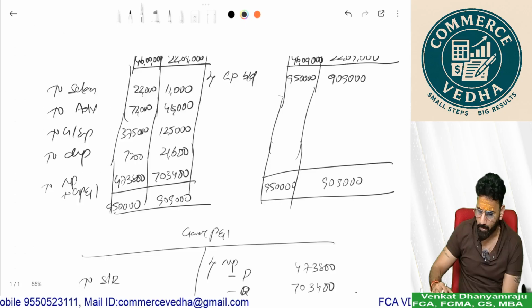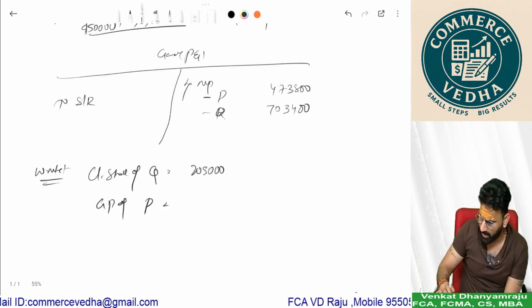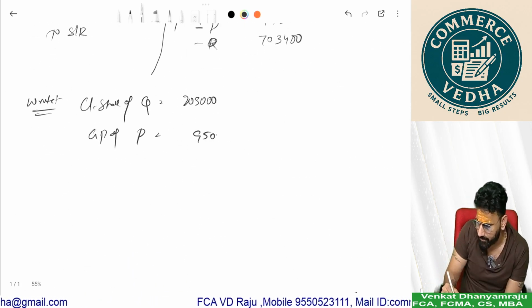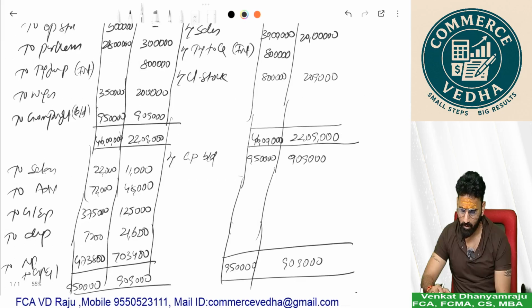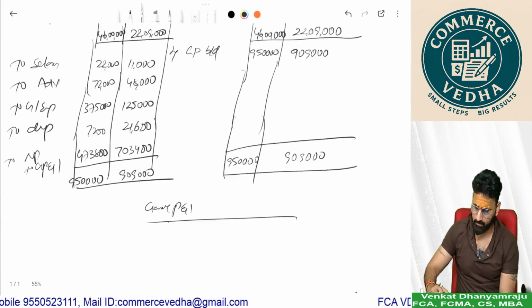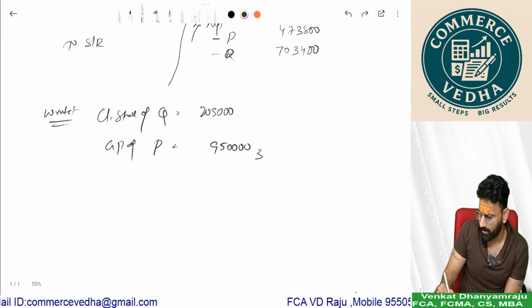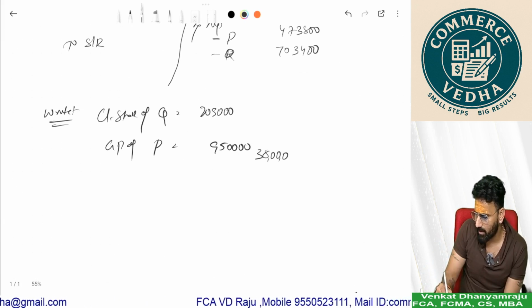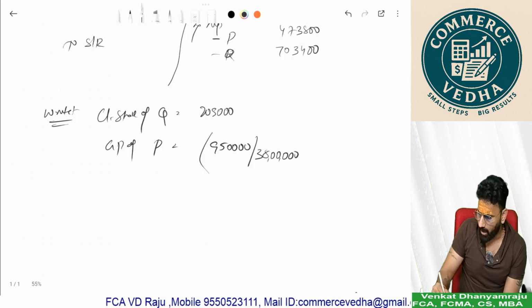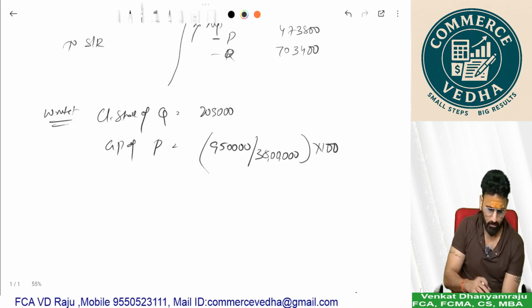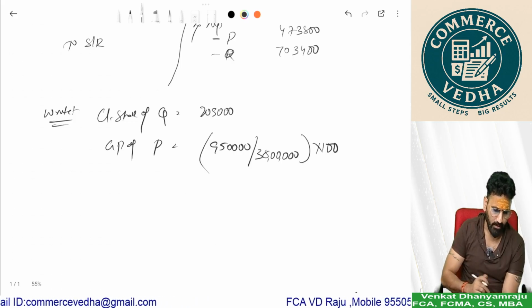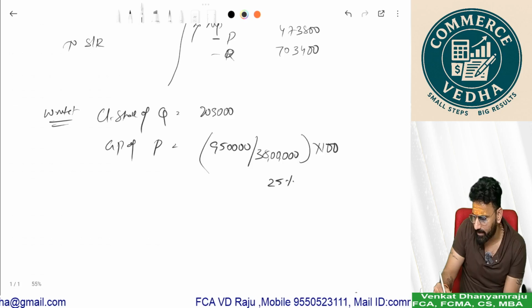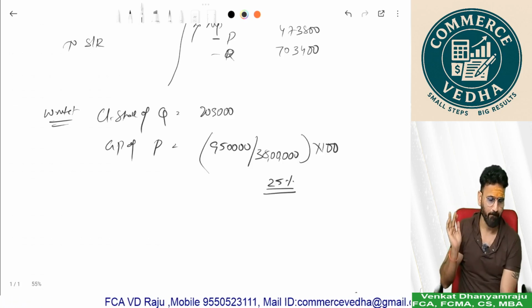Total gross profit is 9,50,000 on a total sale of 38 lakhs, external and internal. So 9,50,000 on a sale of 38 lakhs is 25%, the gross profit of P.